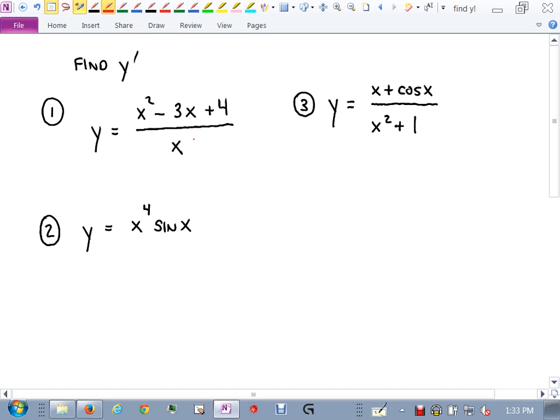All right, so this first one here, you split it up into 3 terms. x squared over x is x. Negative 3x over x is negative 3. 4 over x, same as 4x to the negative 1. Then you take the derivative of each one, term by term. So the derivative would be 1 minus 0 minus 4x to the negative 2, which is the same as 1 minus 4 over x squared.